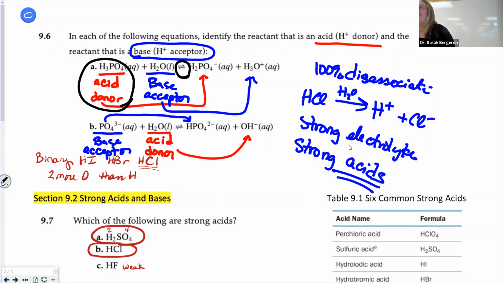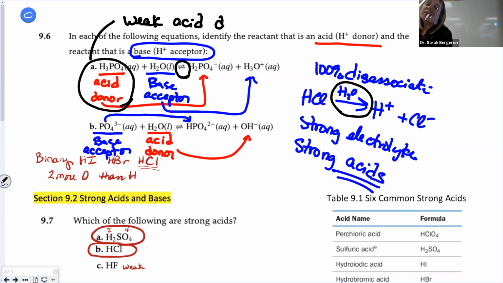What are you looking at? The arrow. Look at the difference in the two arrows. 100% disassociation is 100% one way, right? A partial disassociation has that double-sided arrow. So I know that H3PO4 is an example of a weak acid.